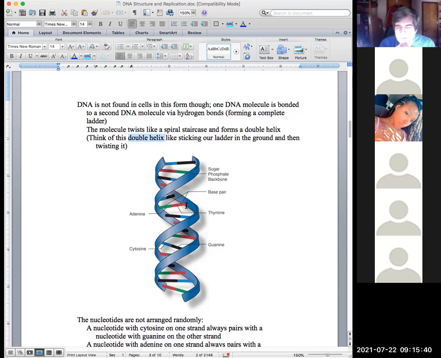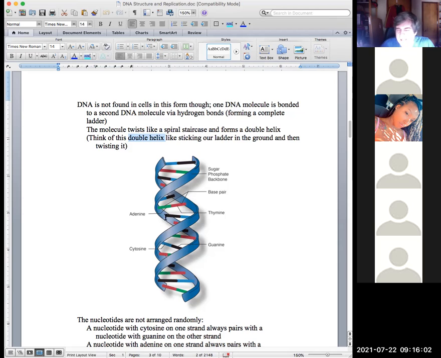If you look down this representation of DNA, we never see blue bonded to red or blue bonded to green. So when we have a cytosine on one strand, it's always hydrogen bonded to a guanine on the other strand. Those two form a unit.